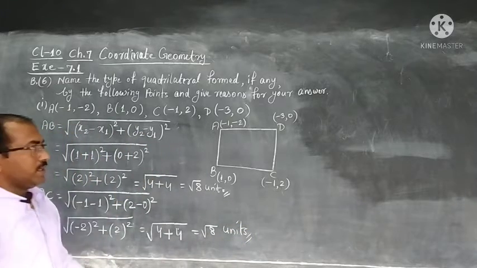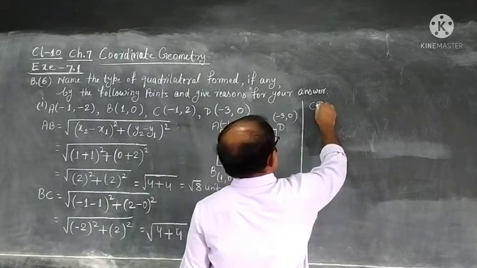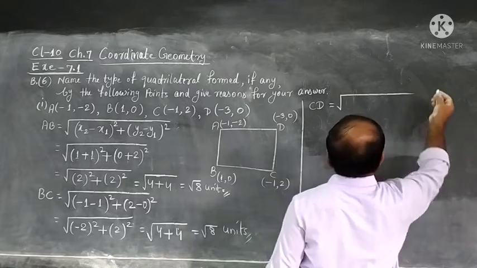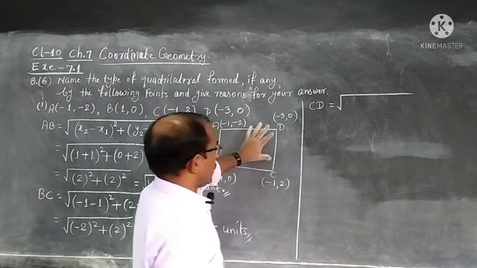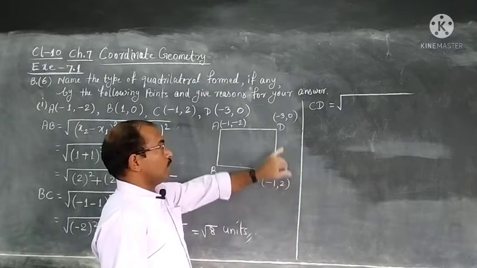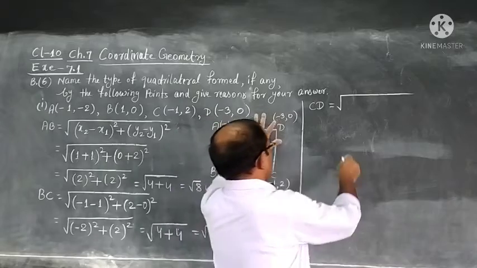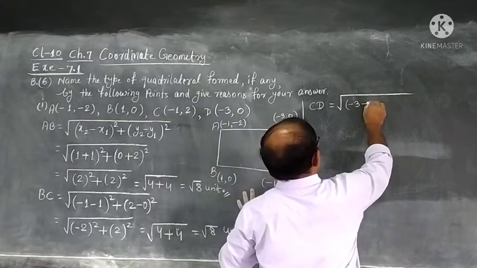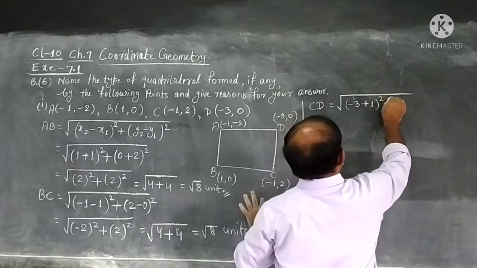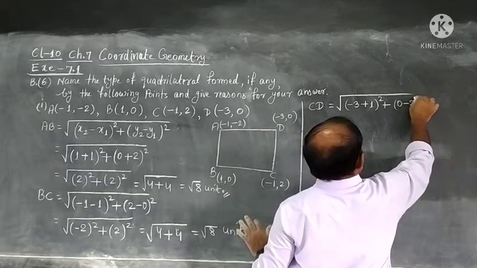Third side, CD. We will find CD now. We will look at the 2 points C and D. C is -1, 2 and D is -3, 0. So x2 minus x1 is -3 minus minus 1, which is -3 plus 1, whole square, and 0 minus 2 whole square.